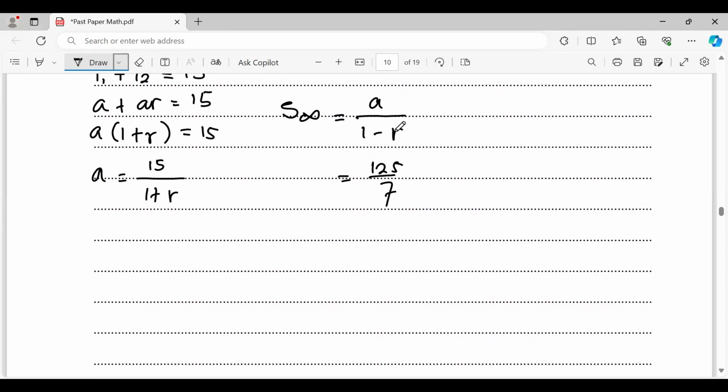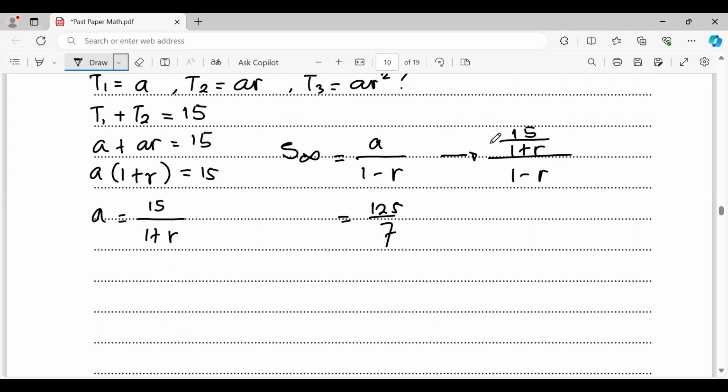A over 1 minus R, we can state as 15 over 1 plus R over 1 minus R, because A equals 15 over 1 plus R, equals 125/7.